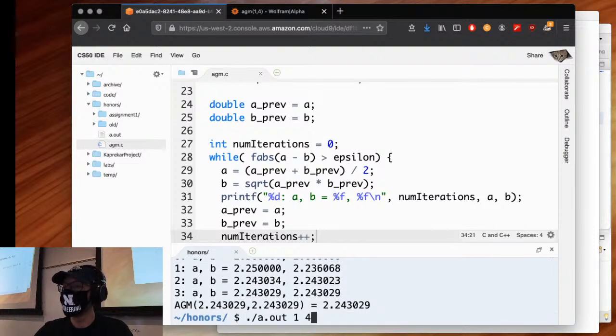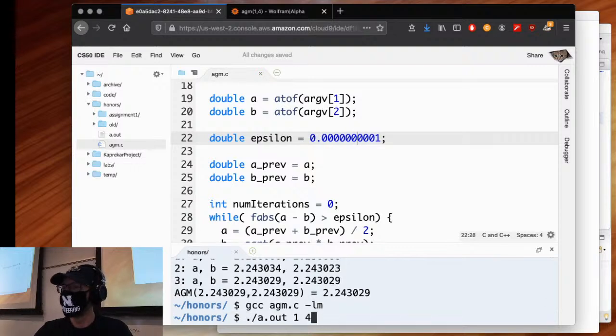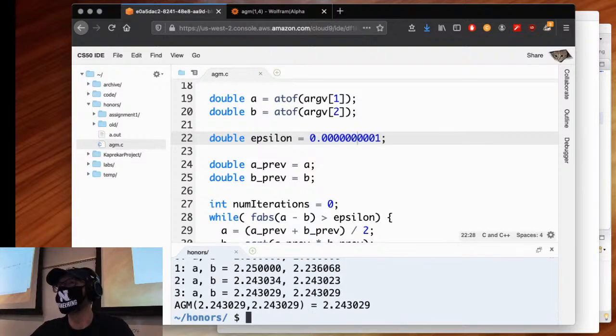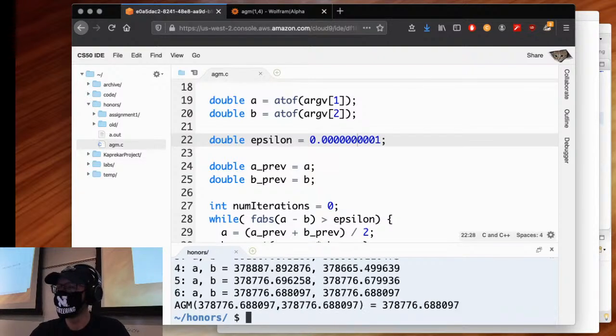If we want super accuracy, still only 3 iterations. It converges very fast. I'm sure that if we had different numbers, it's going to converge very fast no matter what. Not that big, but that big. There it took us 6 iterations, wow. A huge six iterations there.